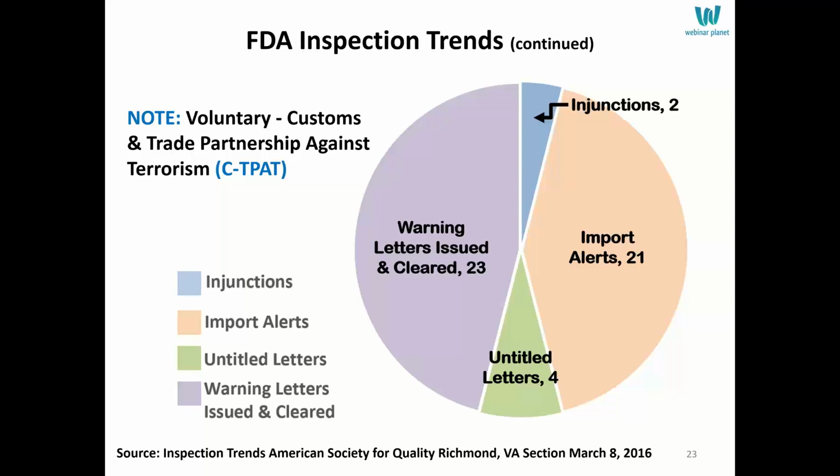If we look at citations in general, these are for pharmaceutical industry 483s. And you'll see, the time frame is not important. It's really just to show there is a trend where it decreases over a couple of years, then it increases, then it decreases. And this is because there are many factors going into what FDA is faced with every time they're doing inspections.